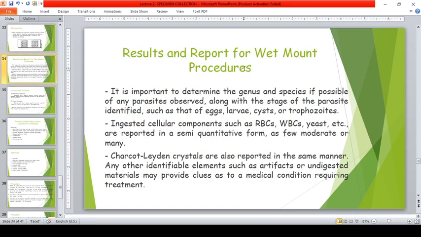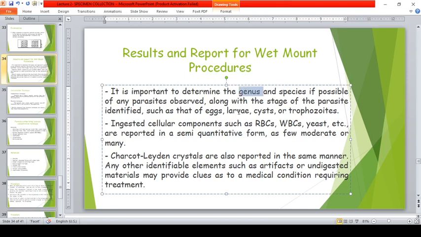Results and report for wet mount procedure. It is important to determine the genus and species if possible. For histolytica, the reporting depends on the laboratory protocol.